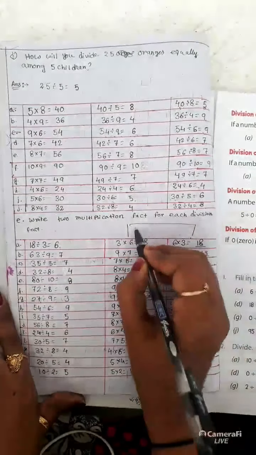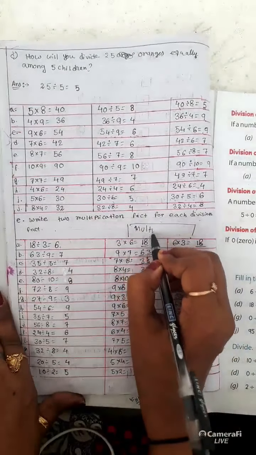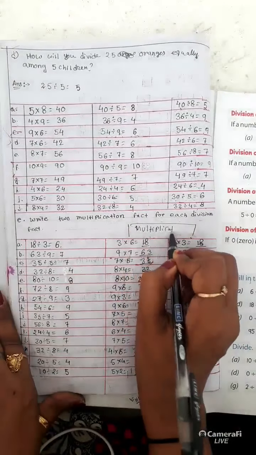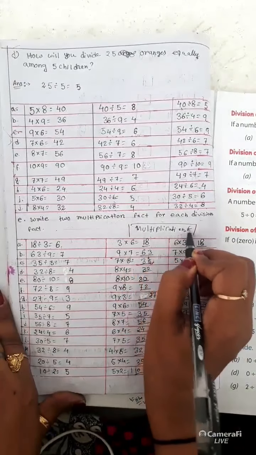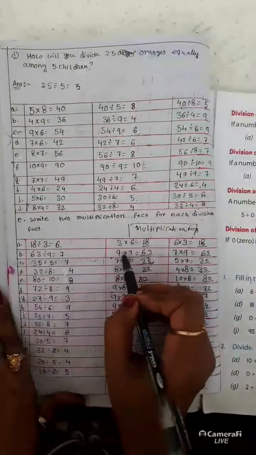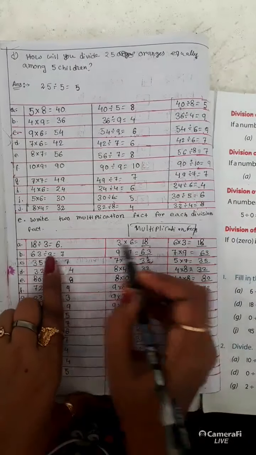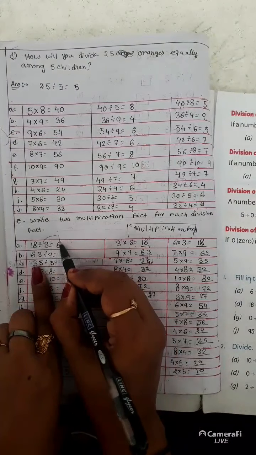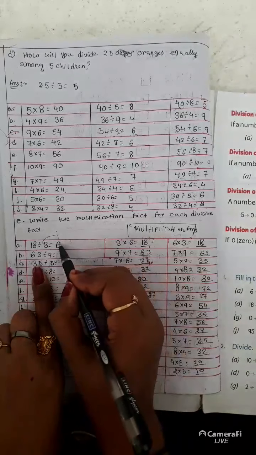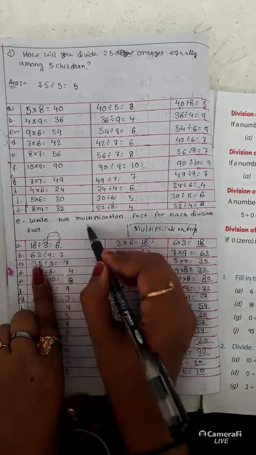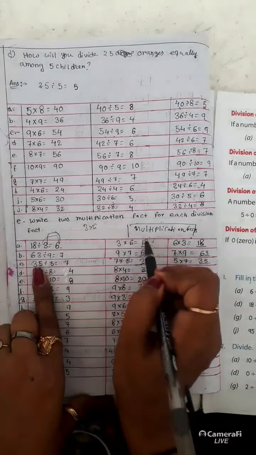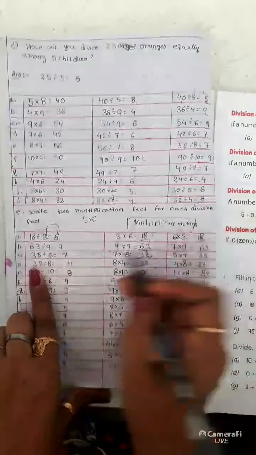These two are multiplication facts. So 3 6s are 18. 3 into 6 is 18 and again 6 into 3 is 18.